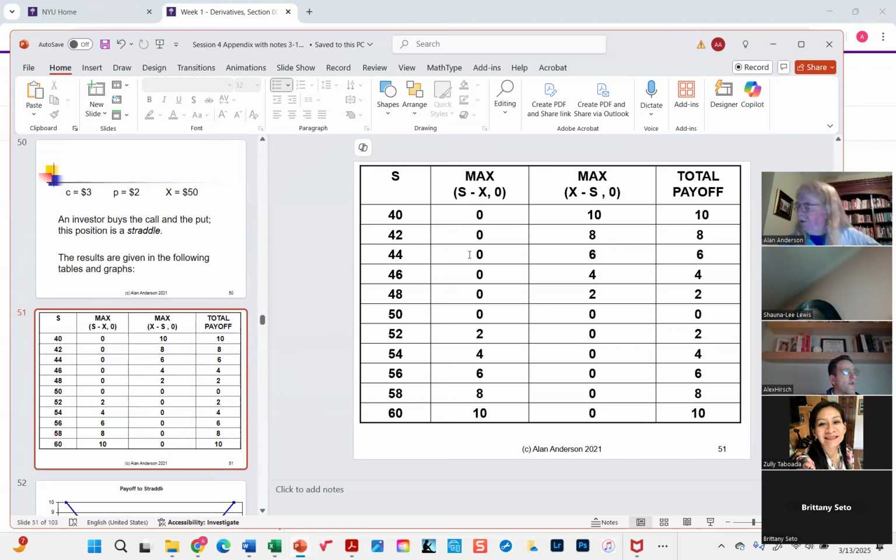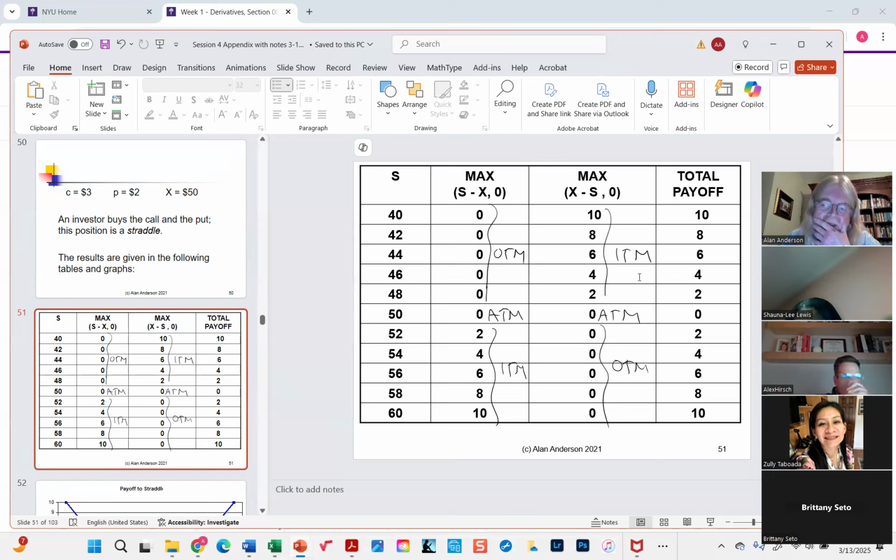And you can see that for the call, we're in the money down here, out of the money down here. We're both at the money at 50. And then on top here, we're out of the money with the call and in the money with the put. So basically, except for 50 itself, at every single stock price, one of the options is in the money.